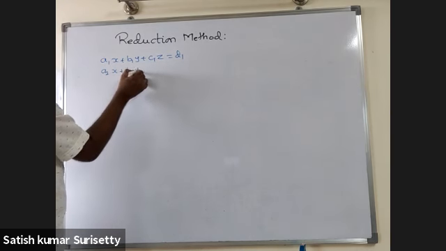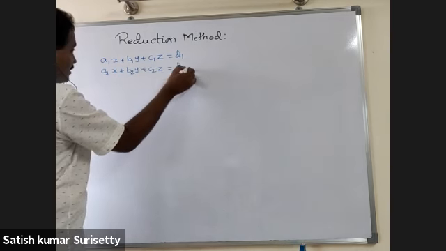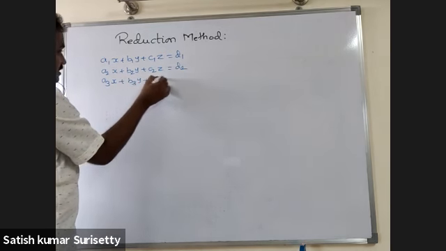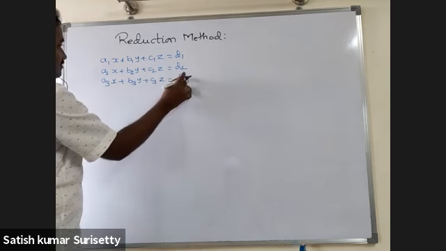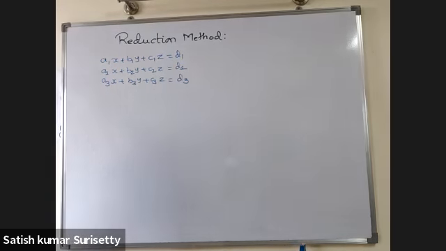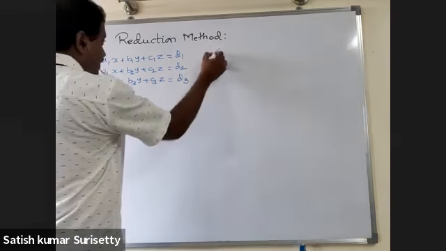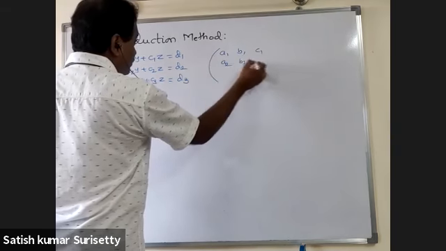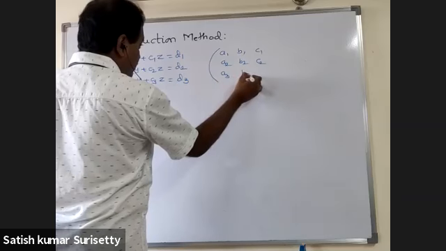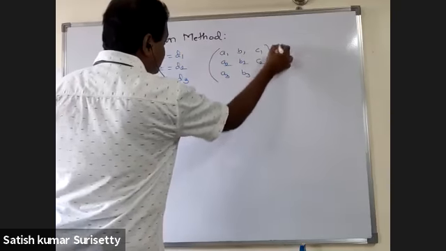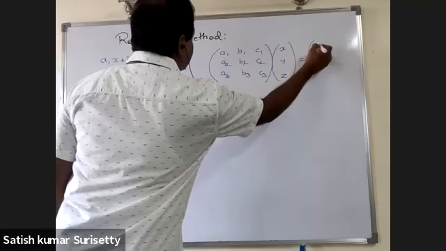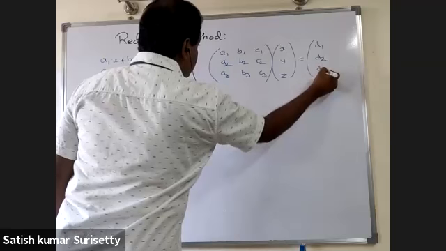A2x plus B2y plus C2z equal to D2. A3x plus B3y plus C3z equal to D3. The corresponding matrix equation is the matrix A1 B1 C1, A2 B2 C2, A3 B3 C3, times X Y Z equal to D1 D2 D3.